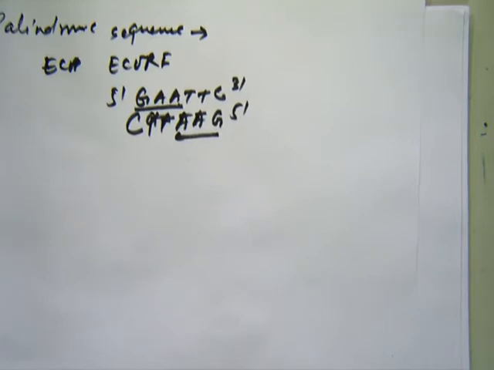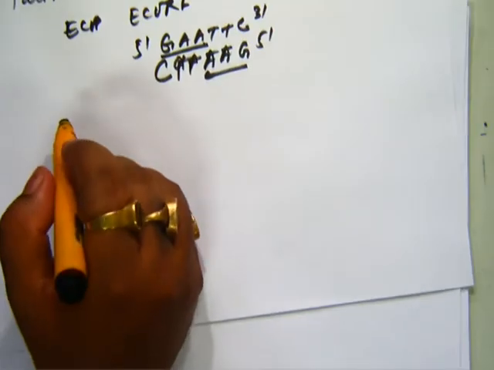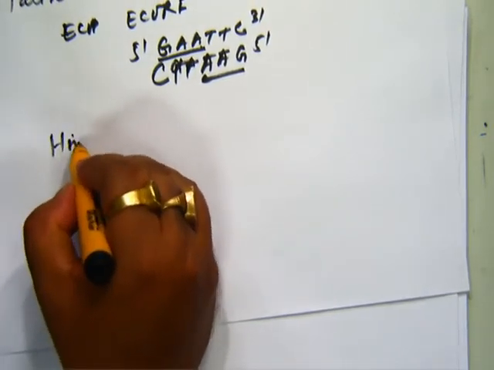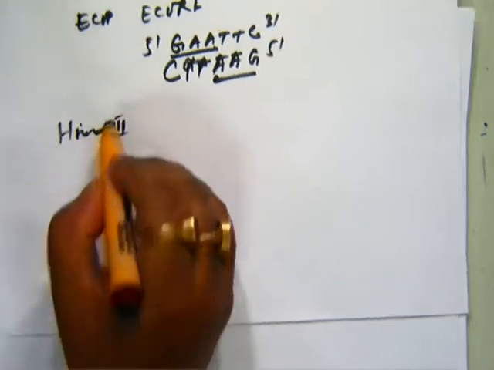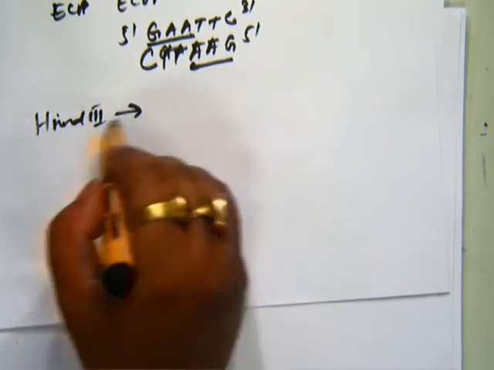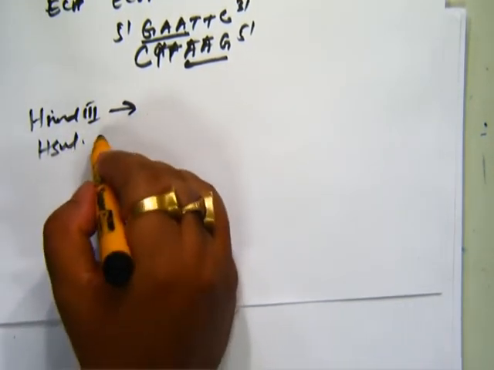Another one is called isoschizomers. It means restriction enzymes isolated from 2 different bacteria that recognize the same target site. For example, HindIII restriction enzyme is isolated from Haemophilus influenzae and Hsu from Haemophilus aegyptius.